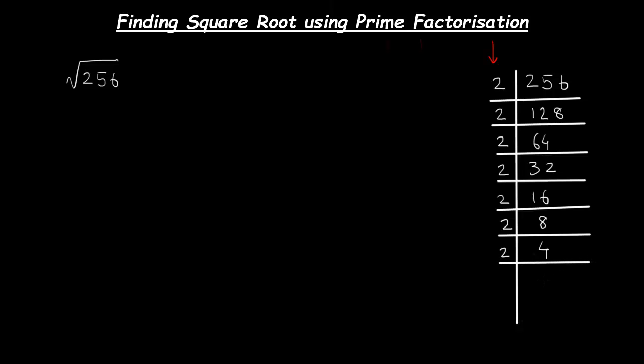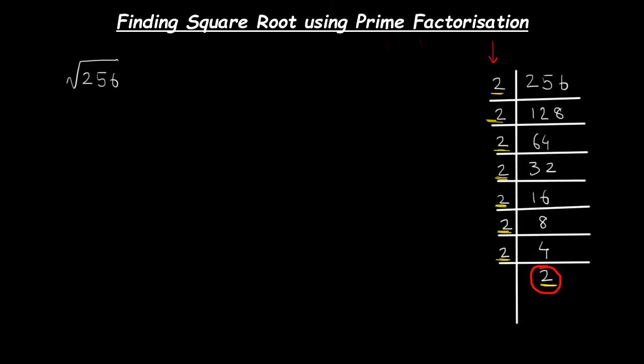And 2 multiplied by 2 gives you 4. This is where you stop, when you get a prime factor here. Now how will you find the square root of 256 using this method? Now look at the number of 2's here. You have 8 2's: 1, 2, 3, 4, 5, 6, 7 and 8.